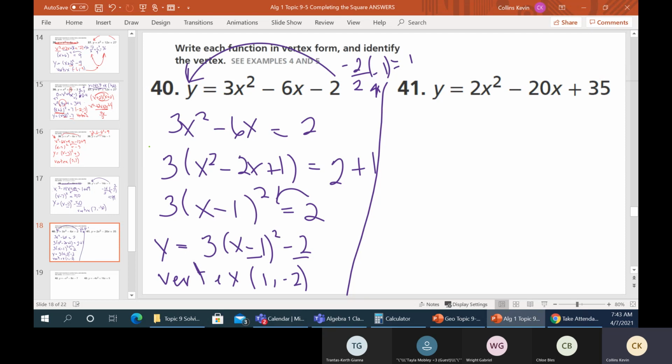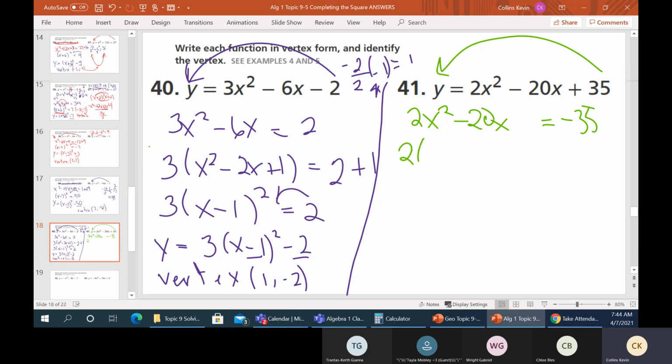Okay, so same deal. Move the 35 over here, make it negative 35. So I've got 2x squared minus 20x, and that's going to equal minus 35. Fortunately they're both even numbers, so we can factor out a 2.